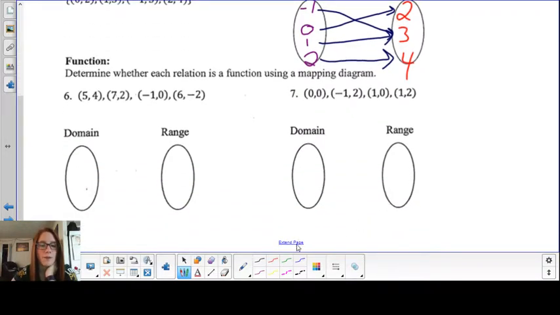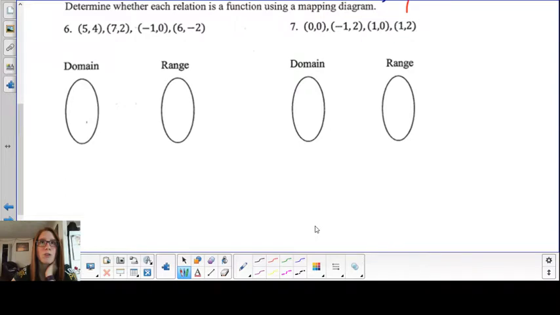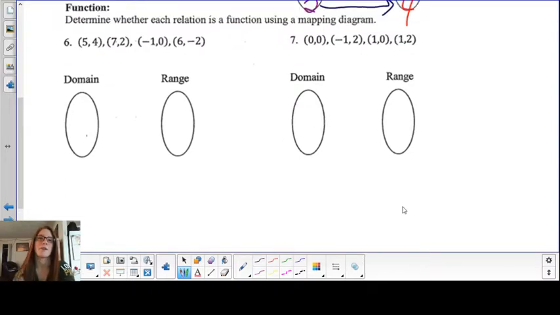So in this next part, we're going to first go ahead and create a mapping diagram. And again, we're going to talk about what we'd want not to repeat. So we're going to start again, x and y's. So what's my smallest x value? I've got 5 and 7 and -1 and 6. So that -1 wins. Then 5 and 6 and 7.